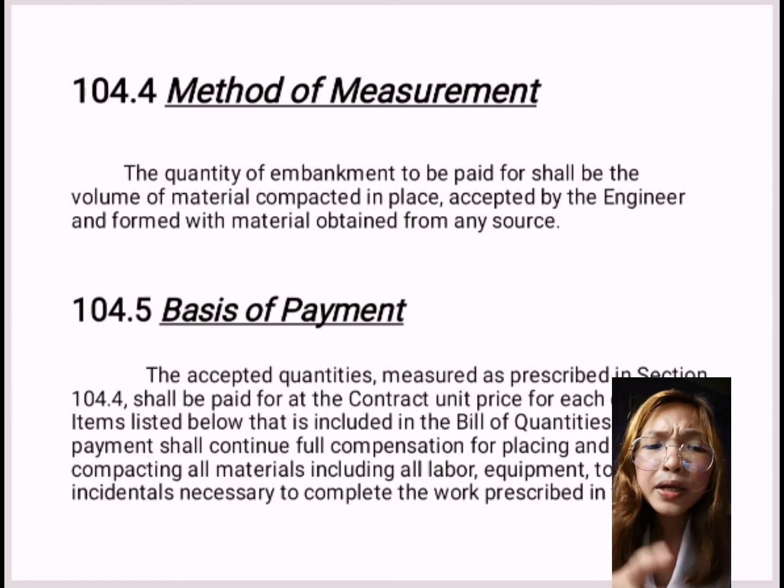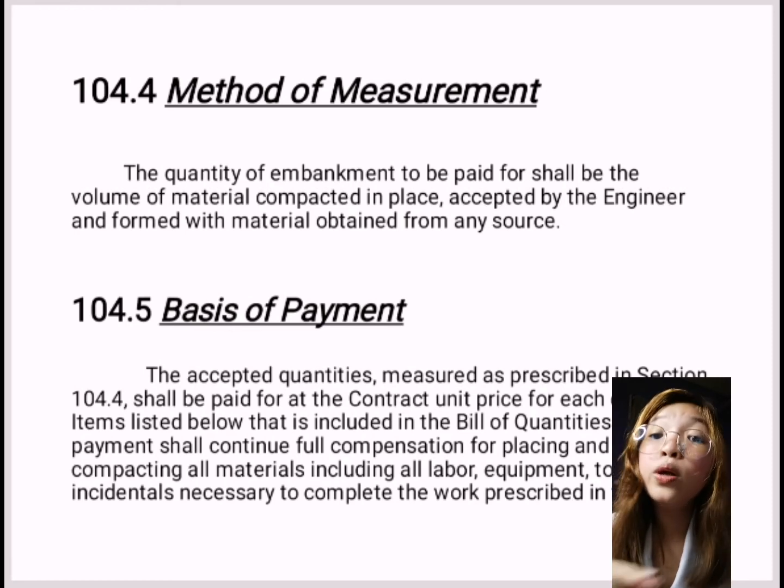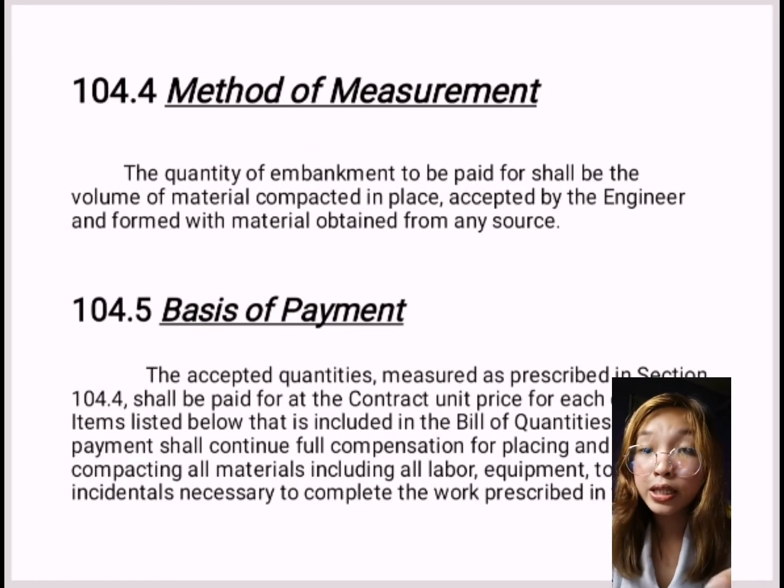So, material from excavation per item 102, which is used in embankment and accepted by the engineer, will be paid under embankment, and such payment will be deemed to include the cost of excavating, hauling, stockpiling, and all other costs incidental to the work. So material for selected borrow topping will be measured and paid for under the same condition specified in the preceding paragraph.